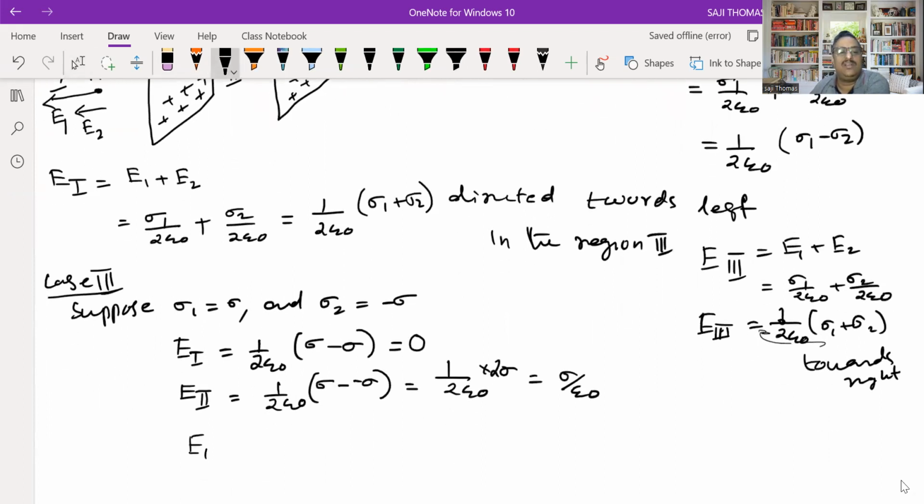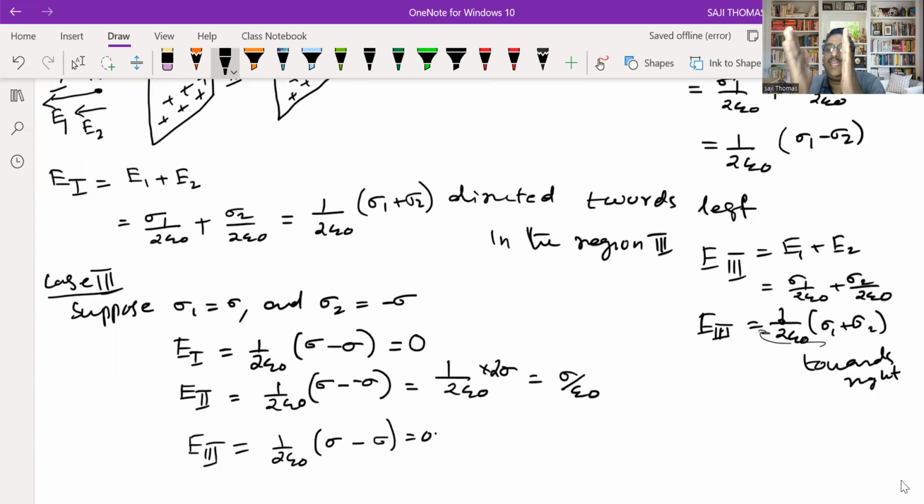E3 equals 1 by 2 epsilon 0 into sigma 1 is sigma plus sigma 2 is minus sigma, which is 0. So we see that if you keep 2 uniformly charged plane sheets of equal and opposite charge density, field on the left side is 0, field on the right side is 0, but there is field only between the plates.